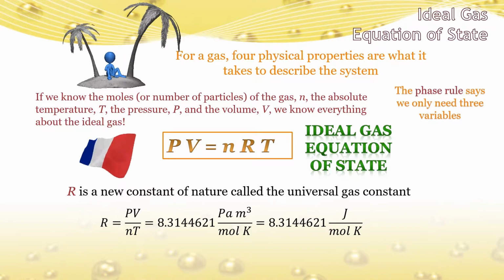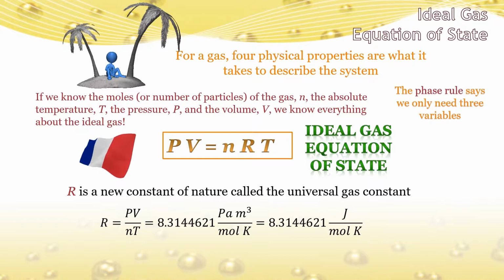This is not an exact value, but a carefully measured value that has even more decimal places than what I've written down here. Now, we find that for the derived unit for the energy in one of our earlier lectures, pressure times volume, which we see in the numerator of the R constant, Pascal meter cubed, is equivalent to the units of energy in joules.